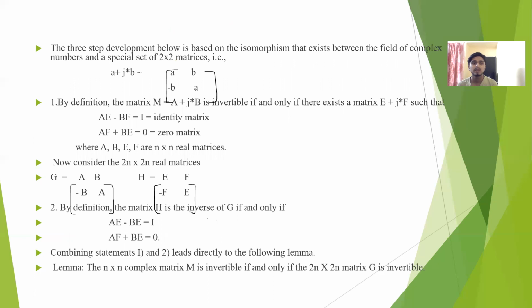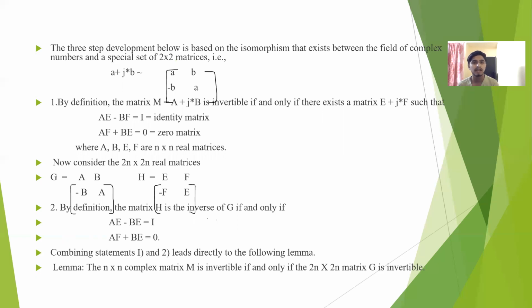The three-step development below is based on the isomorphism that exists between the field of complex numbers and a special set of 2-by-2 matrices, that is, A plus j times B is equal to [A, B; minus B, A].